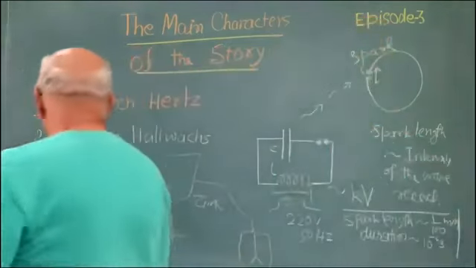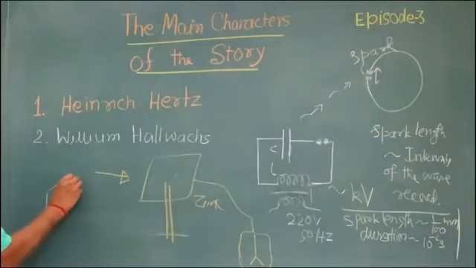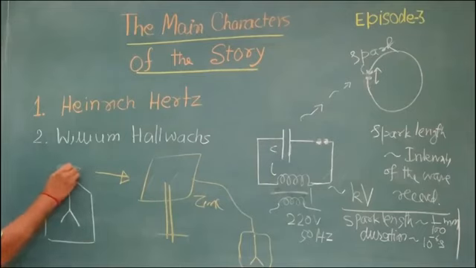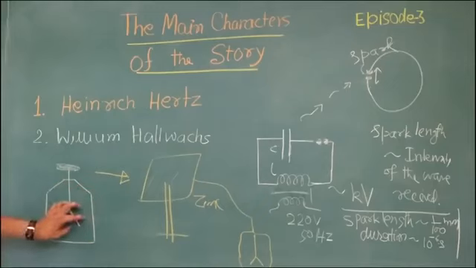So if you have an electroscope here, with the two leaves here, and here is your metallic end, and everything is metallic. This is an enclosure, transparent, so that you can see what is happening here.